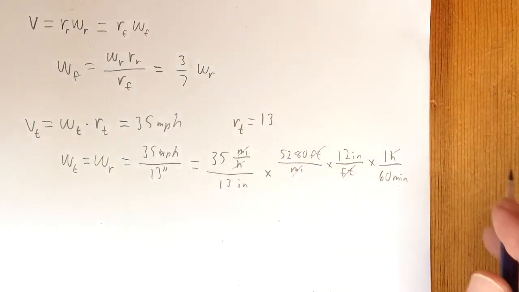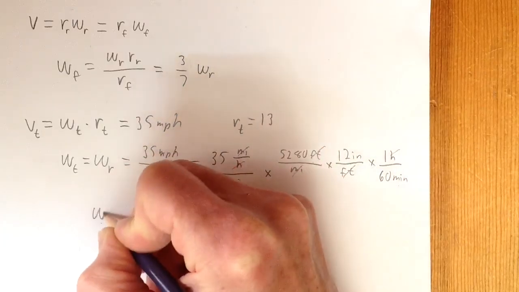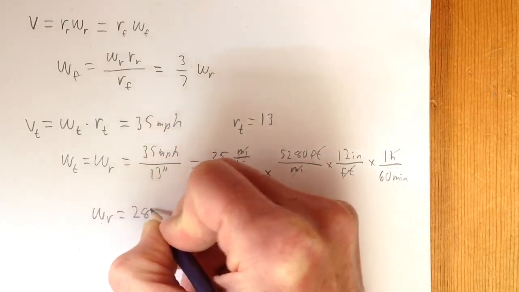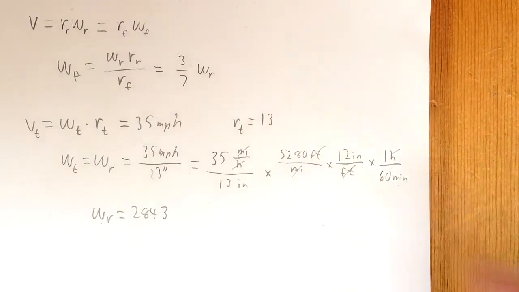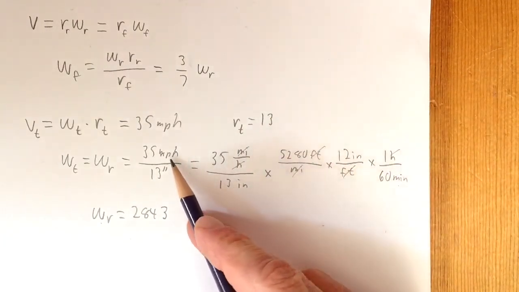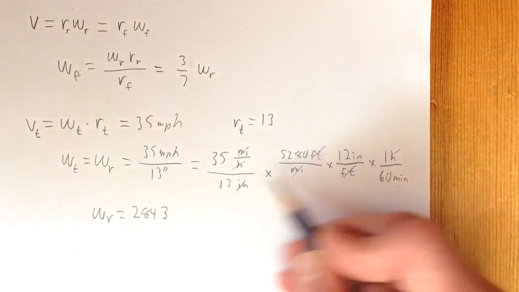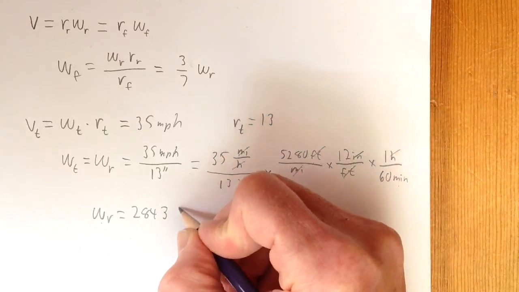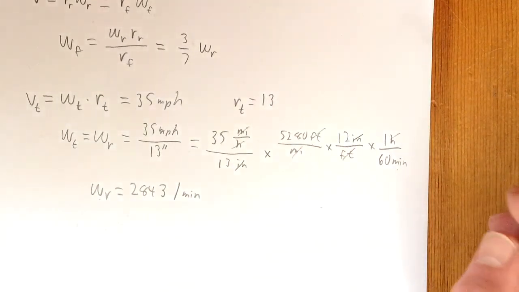And I get 2843. So this is our omega r: 2843. Since we got rid of all our units, with the inches canceling out the inches, all we have is per minute. So 2843 per minute.